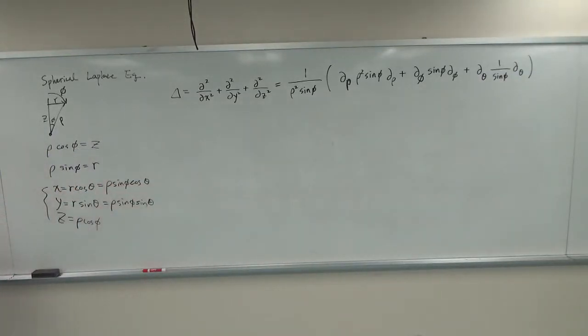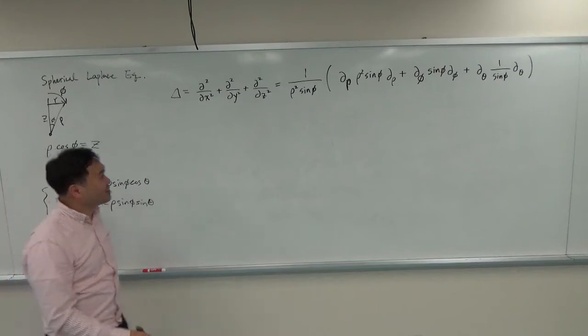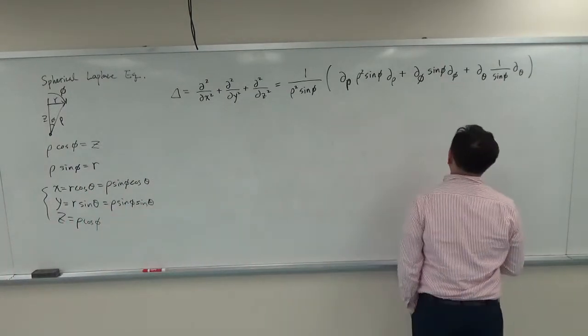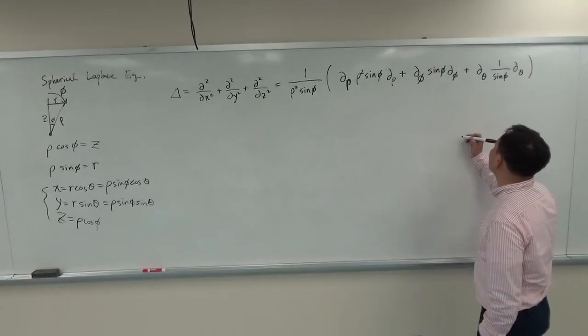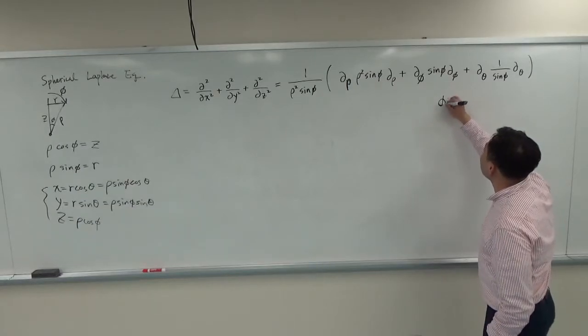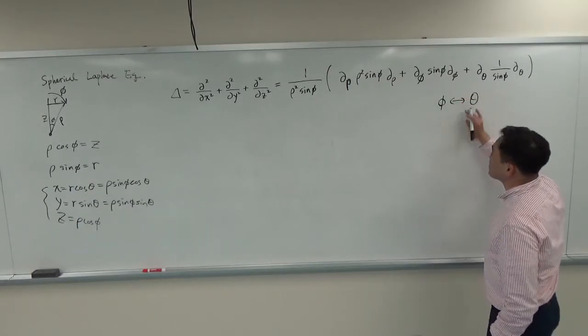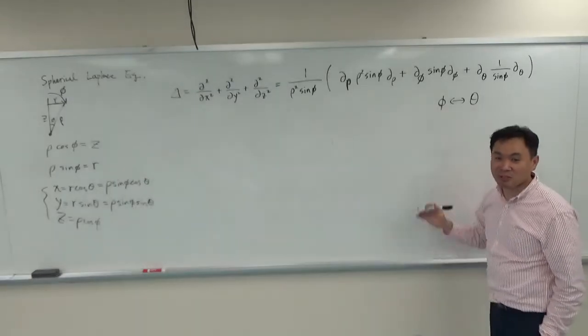And then I'll have to do another change, just because many people do it this way. Instead of phi, I'm going to use theta, so the phi and theta will be switched.